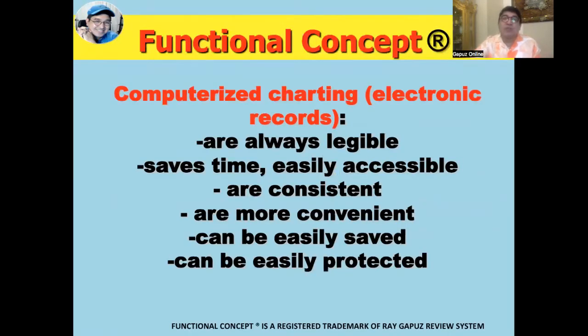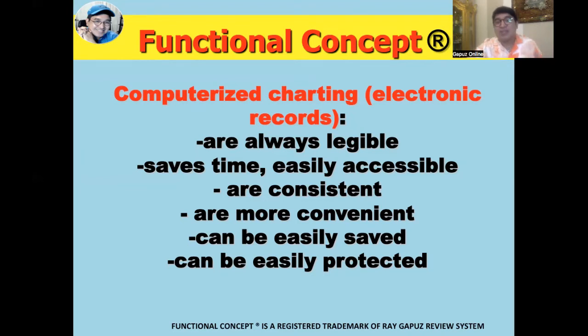So when you speak of computerized charting or electronic health records, there are several advantages, and among these are it's always legible, and the spelling could be improved or corrected right away using the autocorrect features. It saves time, it's easily accessible, especially among healthcare workers who are doing endorsements, and the format is consistent, and it's more convenient for the user.